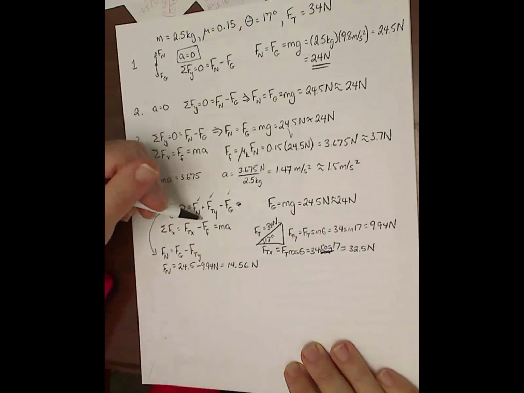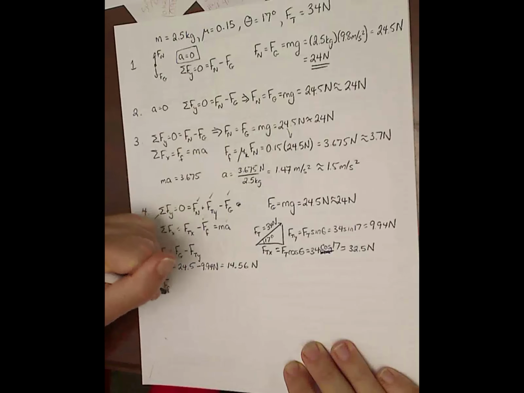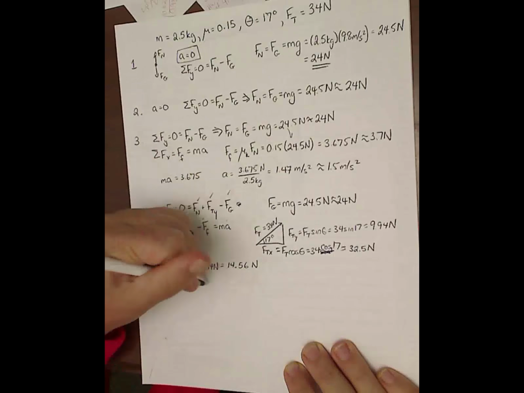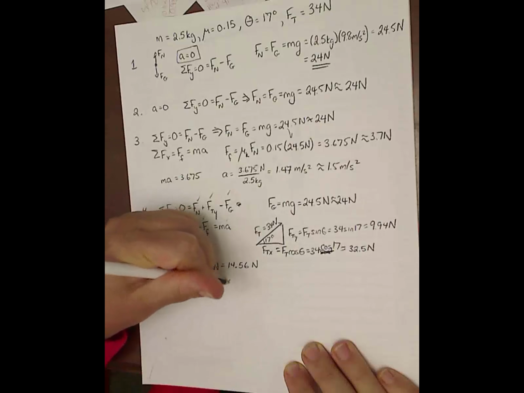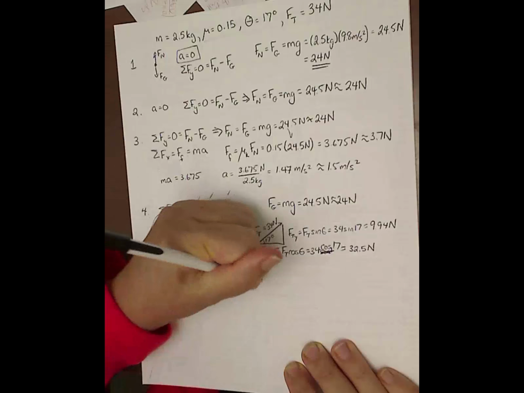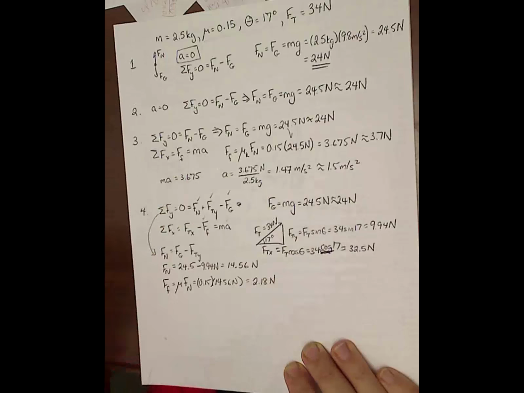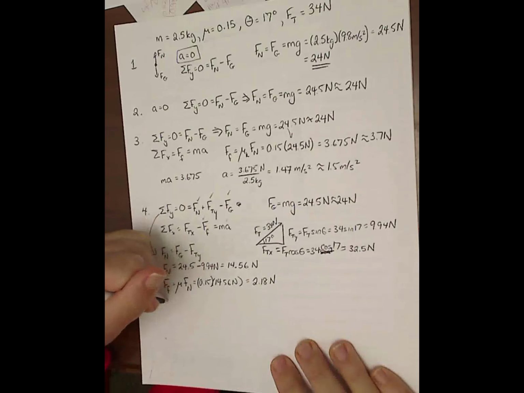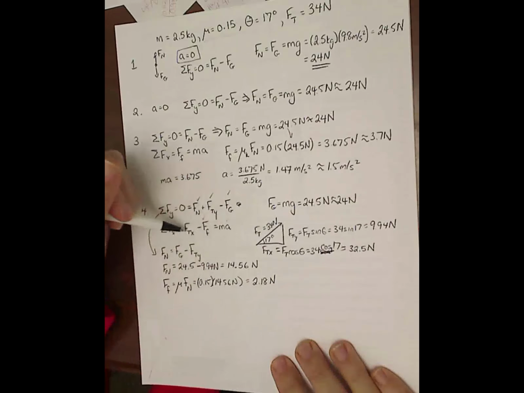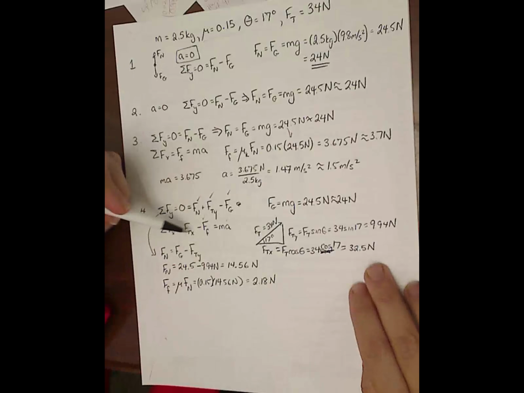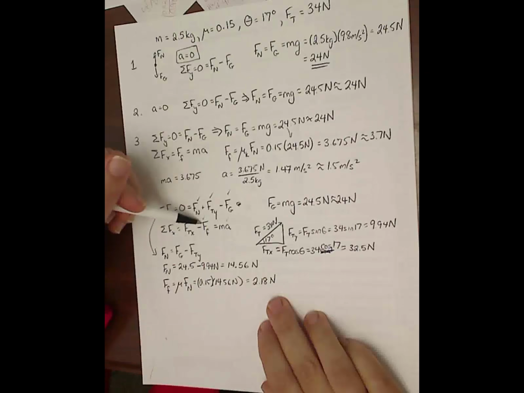So I've got all the forces in the y equation. In the x equation, I need to find the force of friction, and I need the acceleration. Remember, once I know the normal force, I can get the force of friction because it's just mu times the normal force. So I can do 0.15 times 14.56 newtons, and I get 2.18 newtons. Okay, so now we're almost there. So I've got my acceleration is equal to the total force in the x direction, Ftx, which I know is 32.5, minus the force of friction, which is 2.18.